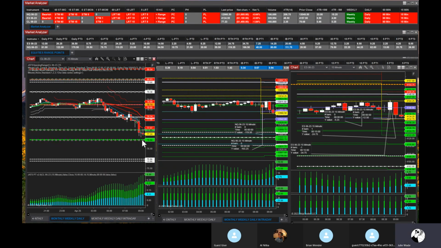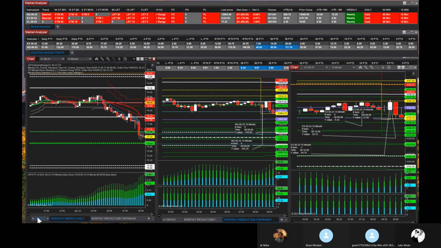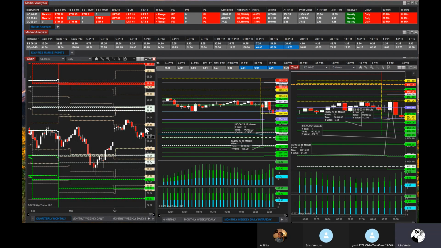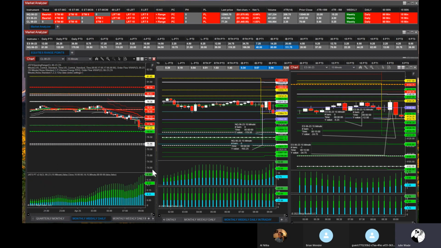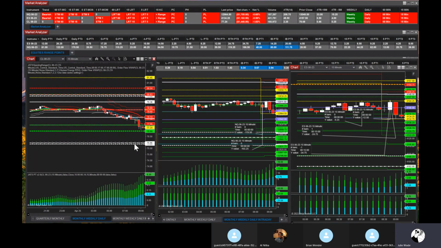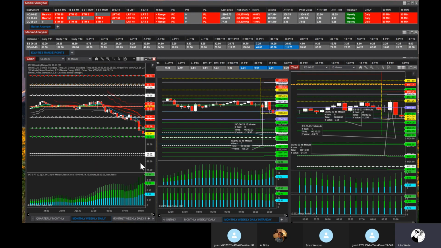So the daily 3 is at 76.94, right in the middle of the monthlies and quarterlies, so there's no issues with that. And the weeklies are way down here, so there's really no issue with that today. So this looks like a pretty good target for you.